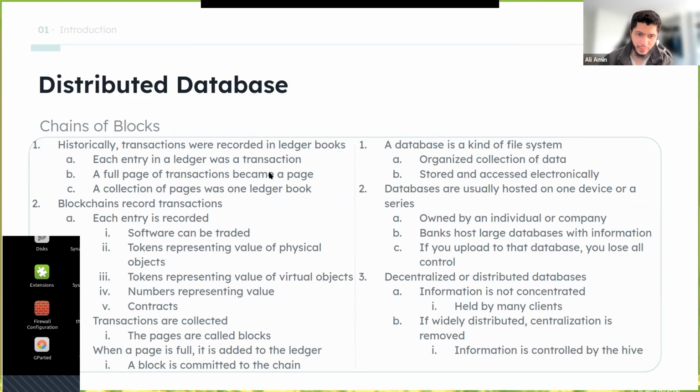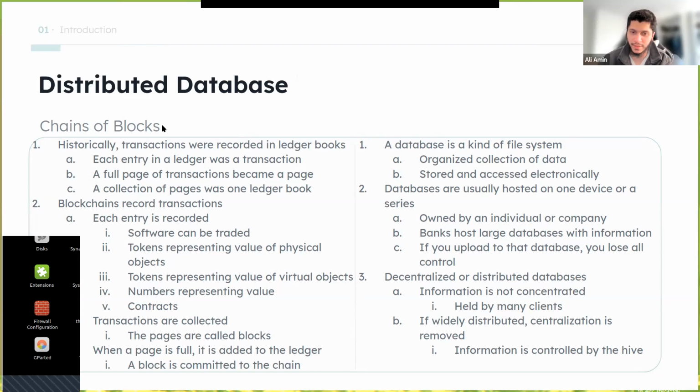When a page was filled, they might put a signature at the bottom that somebody verified there was no fraud going on. Then they would flip to another page and start writing new transactions until they filled that up. When they ran out of pages, it became a complete ledger book.